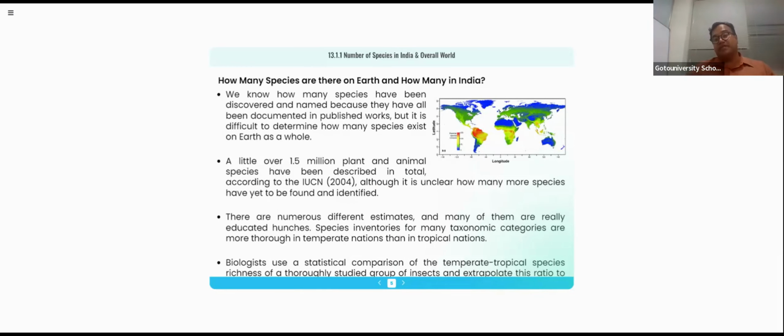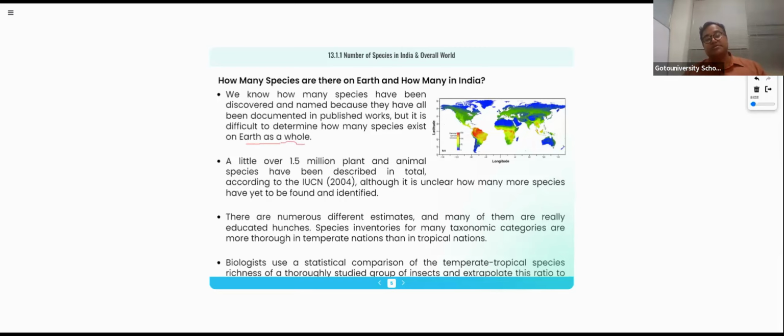Listen, for the biodiversity rich area, we already gave the example of the Amazon forest, and in India you can explain the Western Ghats as a beautiful example. Now, in biodiversity, we all know very well it is difficult to determine how many species exist on the earth as a whole.